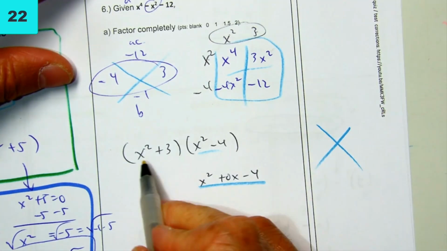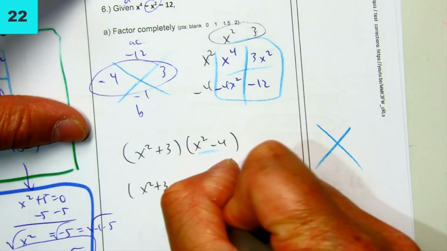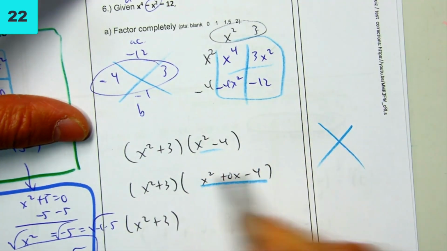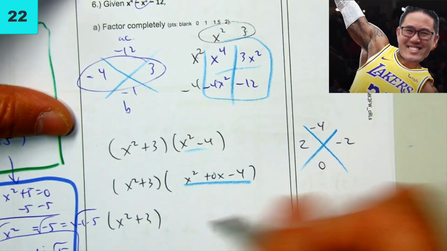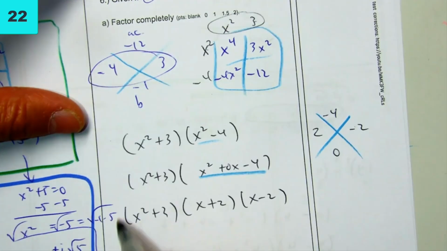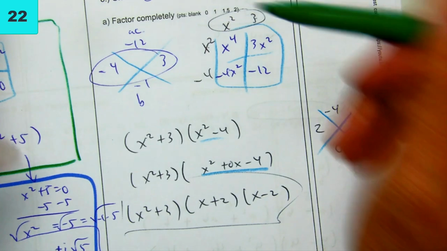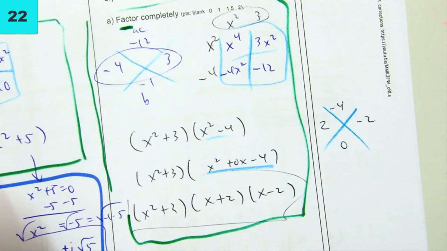You'll notice that this one wouldn't work, it's prime. A times C is negative 4, my B value is 0, 2 numbers are positive 2 and negative 2. Okay, so this is my answer for factoring. This is my green. Factor completely.